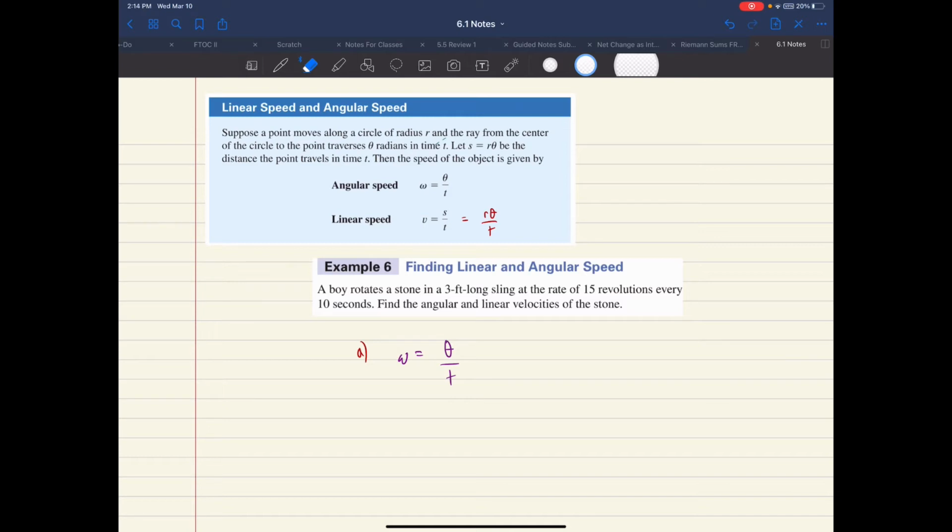Angular speed is omega equals theta over time, and linear speed is v equals s over t. It tells you in that problem that s is r theta, so I like to rewrite linear speed as r theta over time. Your book does do that in the next problem, but it works easier to have that knowledge here.